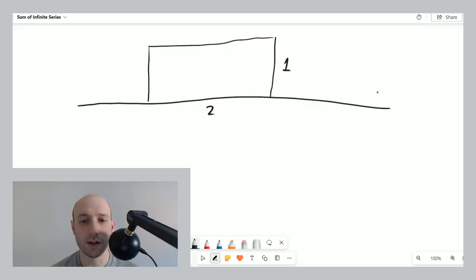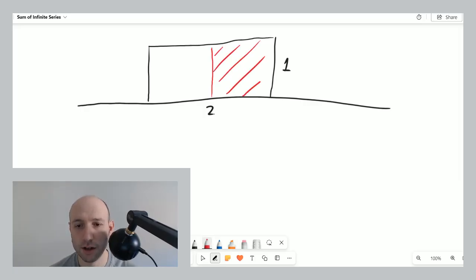Okay, and we start painting this area by covering half of what has not been painted. Okay, so first we paint this section here, right? It has an area of 1 by 1, right? Because if 2 is all of this, well, half of that is 1, right? So this has an area of 1, okay?